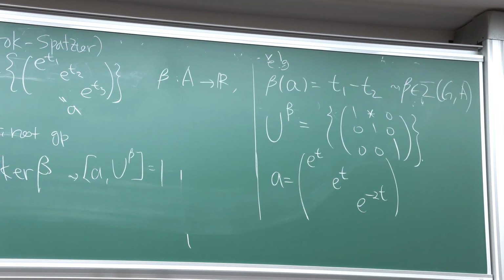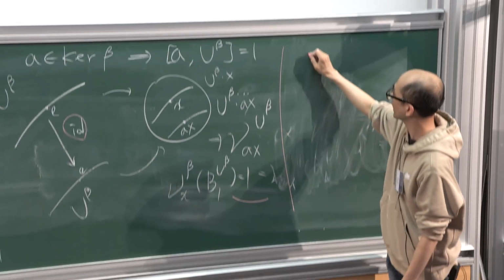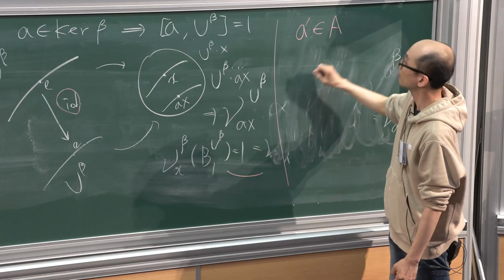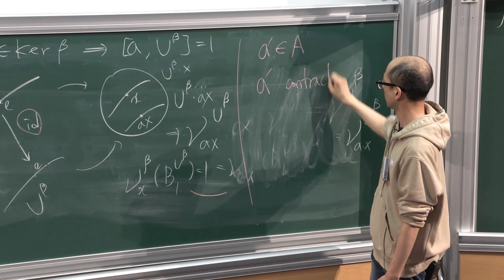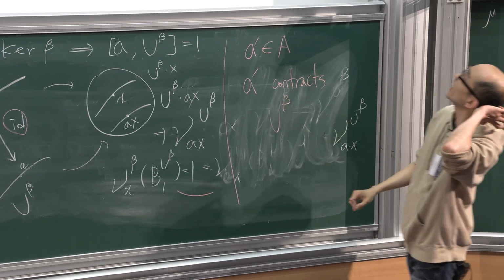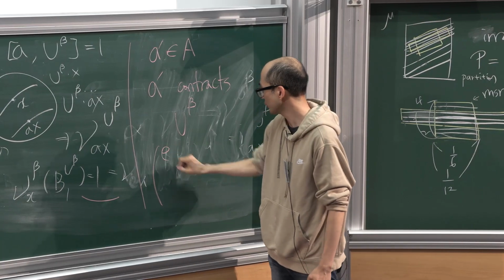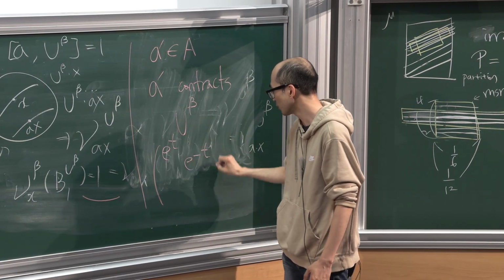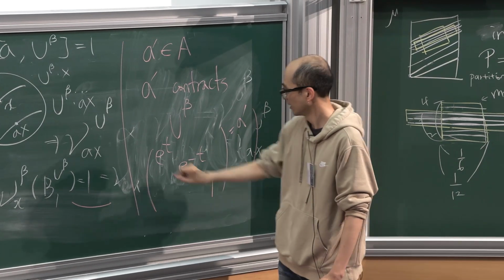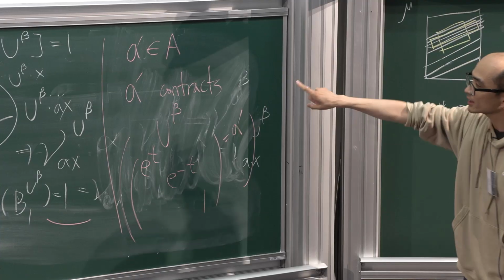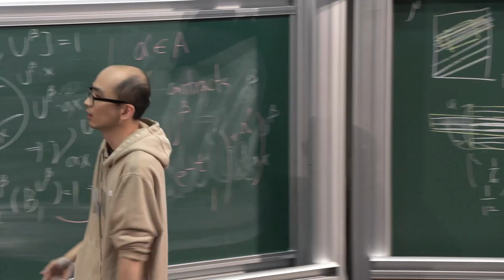But there is an element A prime inside A that contracts U beta. I think I can cook up the element, for instance, e to the t, e to the negative t, 1, or something like that. So there is an element inside A that contracts the leaf.